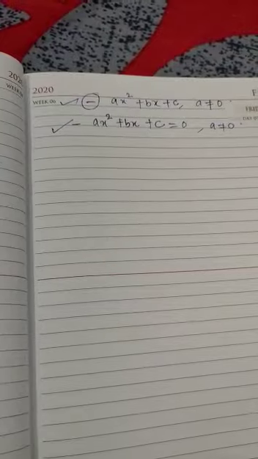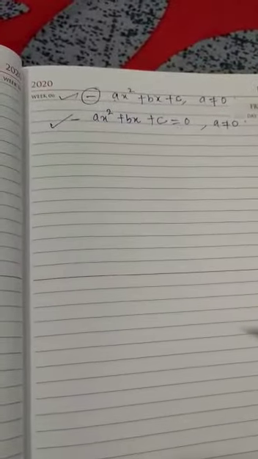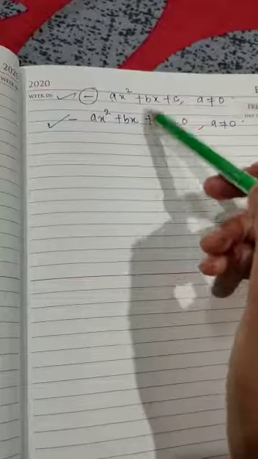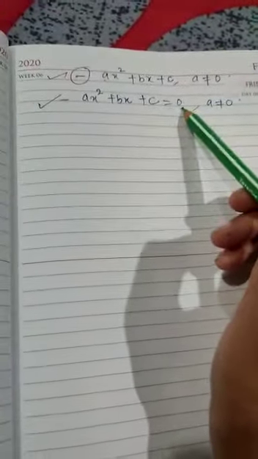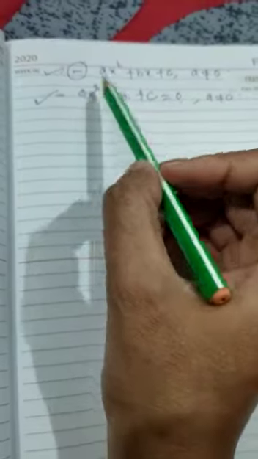So what is the difference between these two? This one is an expression in variable x where the highest power is 2. This is an equation. This is called a quadratic equation in which the highest power is 2.